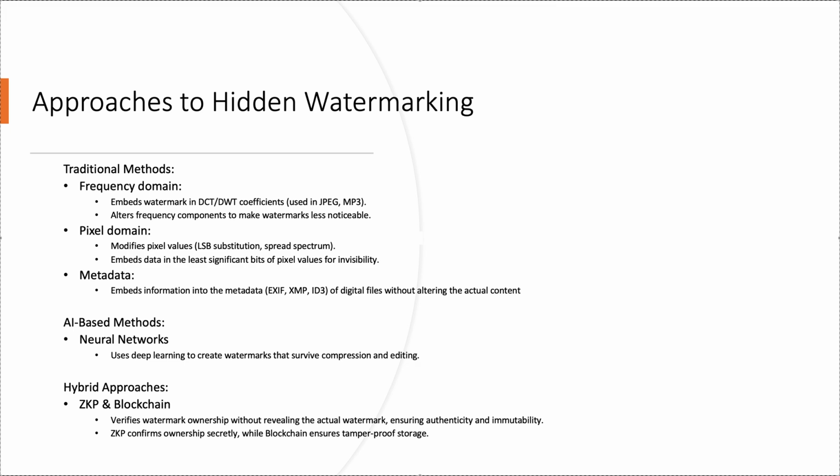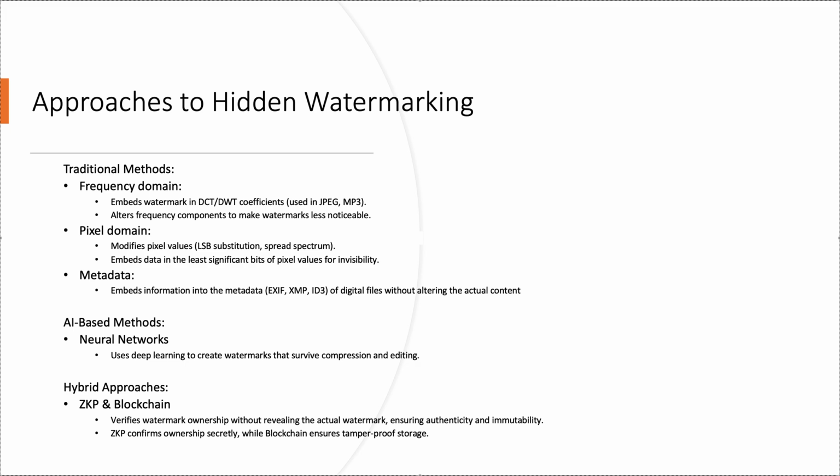Instead of working directly with the image or audio as you see or hear it, we transform it into the frequency domain using mathematical techniques like DCT, discrete cosine transform, or DWT, discrete wavelet transform. Note, if you've ever heard of JPEG image compression or MP3 audio compression, you're already familiar with these concepts because they use the same underlying math.